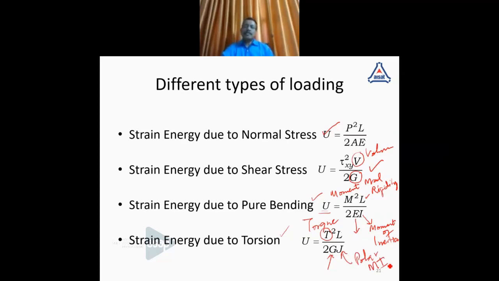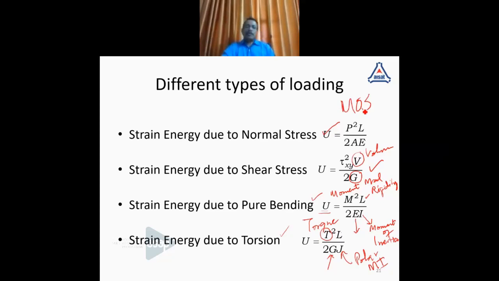This is why I have mentioned you have to brush up those principles which we have studied in MOS. Moment of inertia, polar moment of inertia, modulus of rigidity, moment, torque, all these things are familiar to you from the basics in MOS.